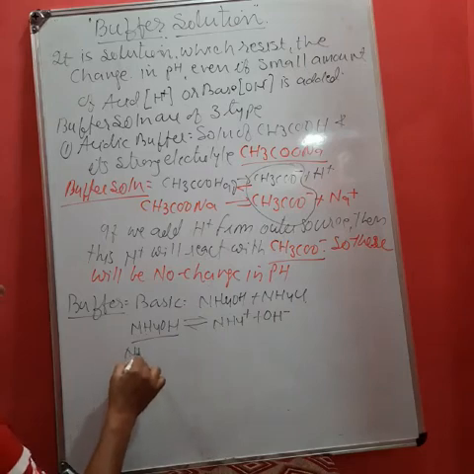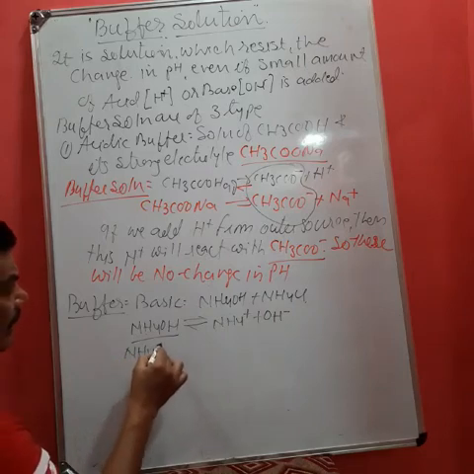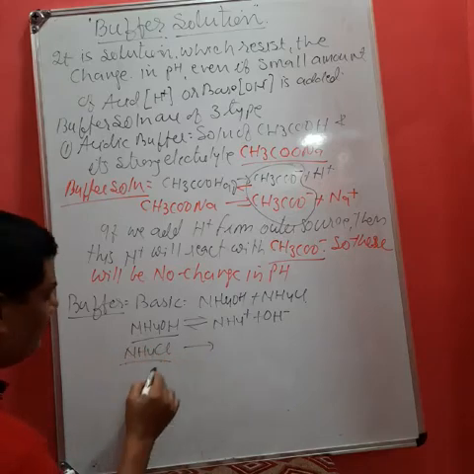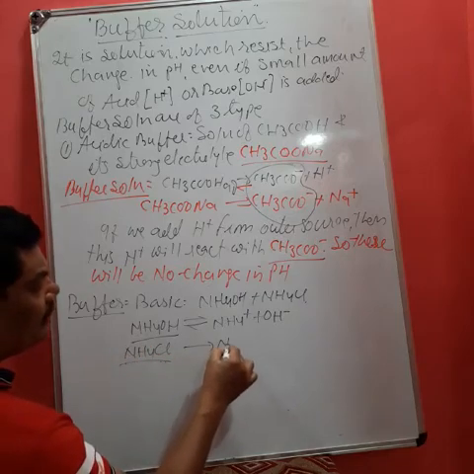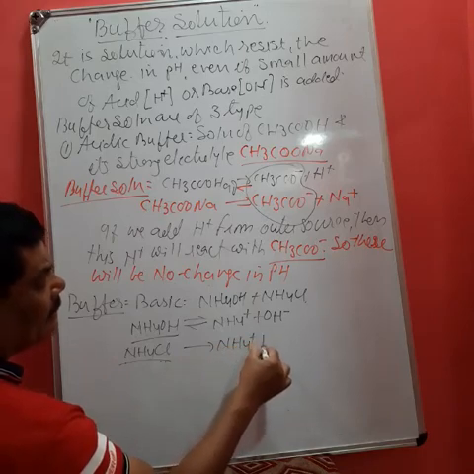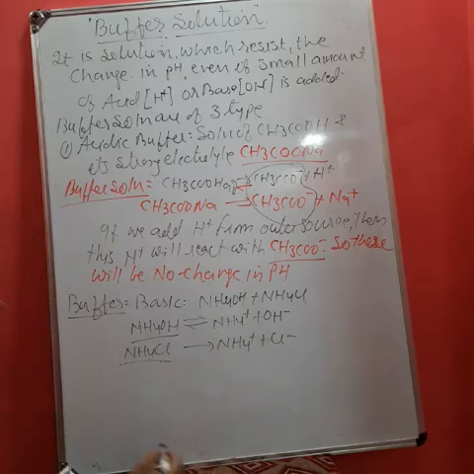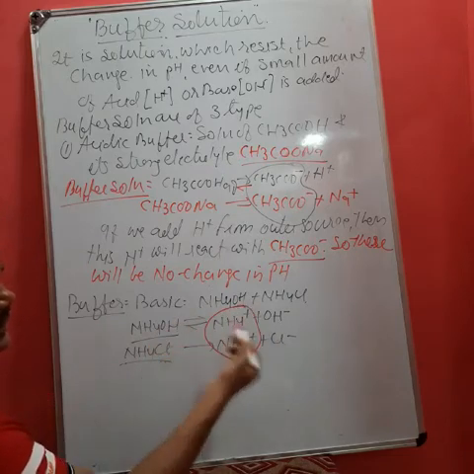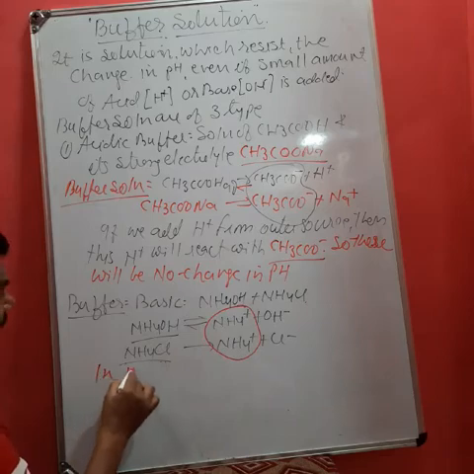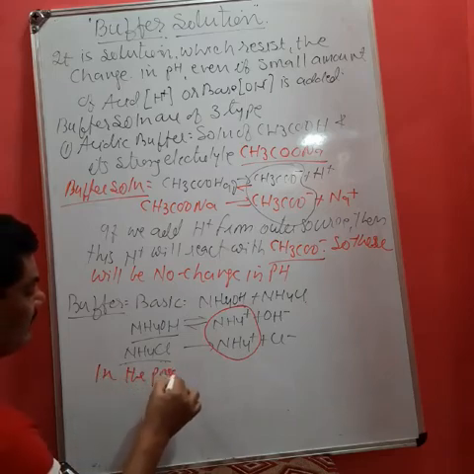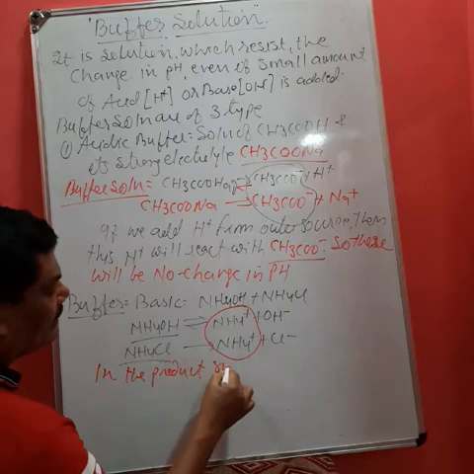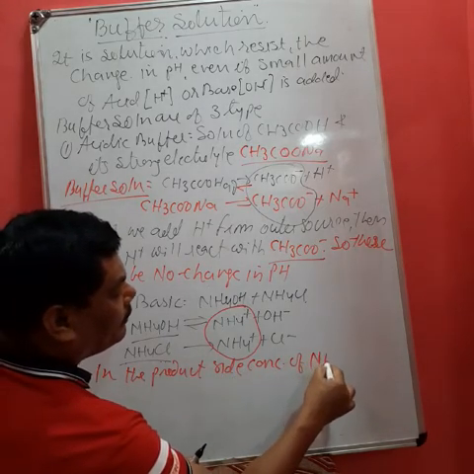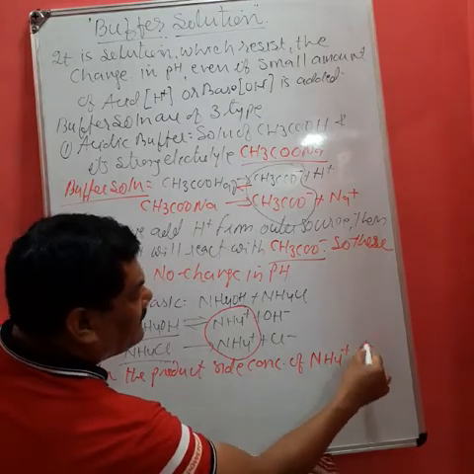But in the buffer, NH4Cl is a strong electrolyte, so it will produce NH4 cation plus Cl anion. That means on the product side, the concentration of NH4 cation is more.